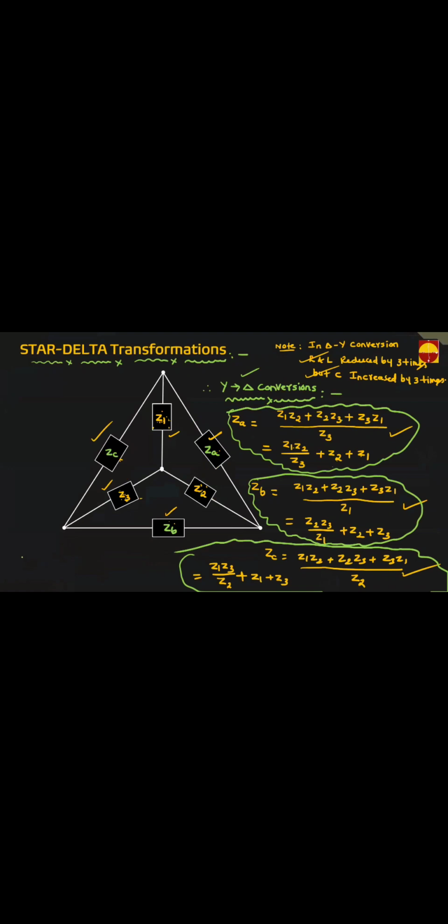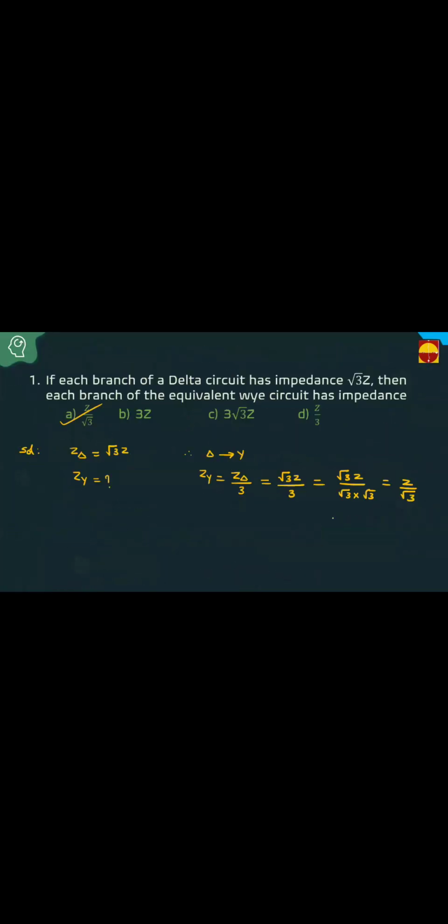In star to delta transformation, if Z1 equal to Z2 equal to Z3 equal to Z, then ZA equal to ZB equal to ZC becomes 3Z. If you want to calculate this, the Z cancels, Z plus Z plus Z is 3Z. Clear? Okay, then according to that observation, we are getting Z by 3.